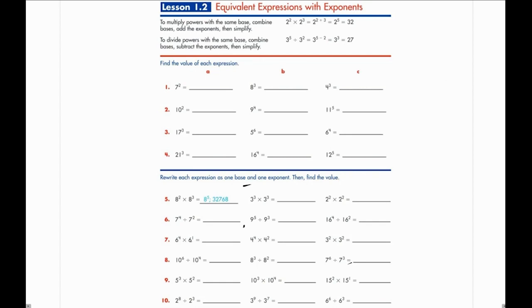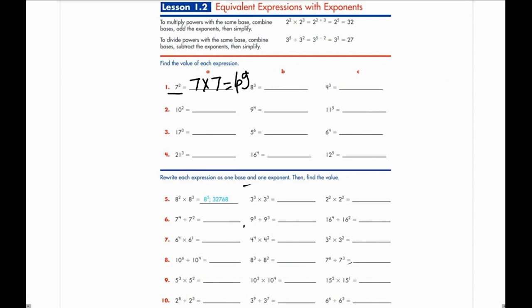In the previous lecture, we saw how to find the exponents or the power when the base is given. Let's revise. In this example, 7 raised to 2, we can write it as 7 into 7, multiplying 7 two times, which gives the value as 49, where 7 is the base and 2 is the exponent.